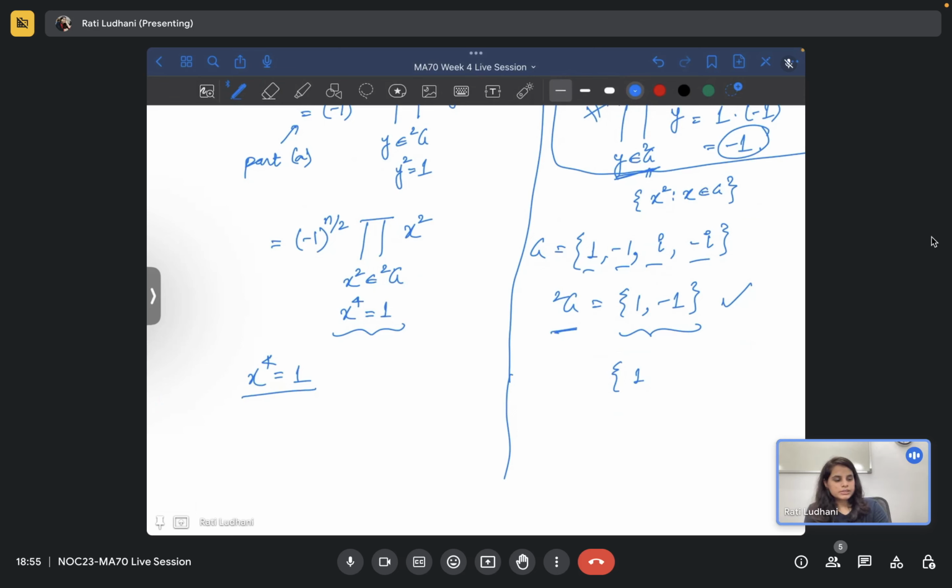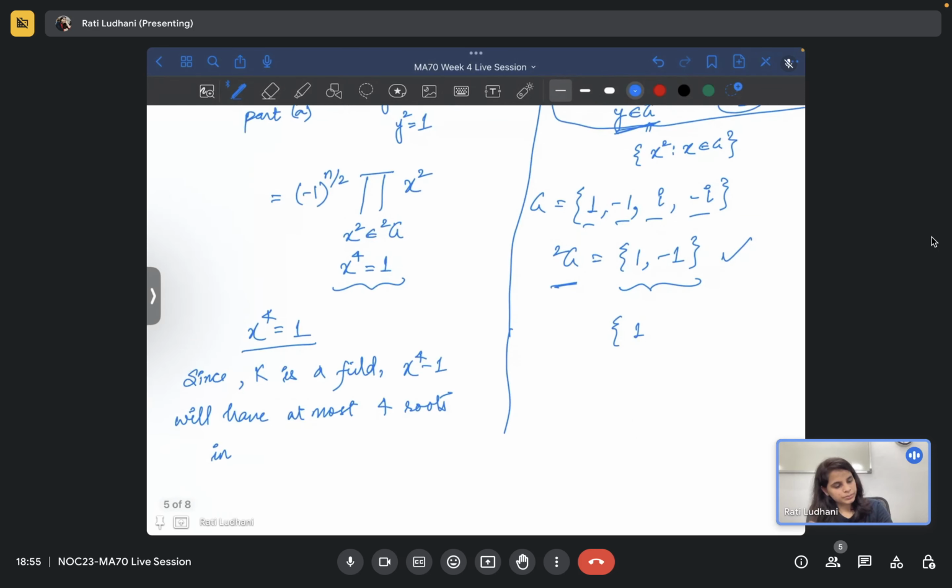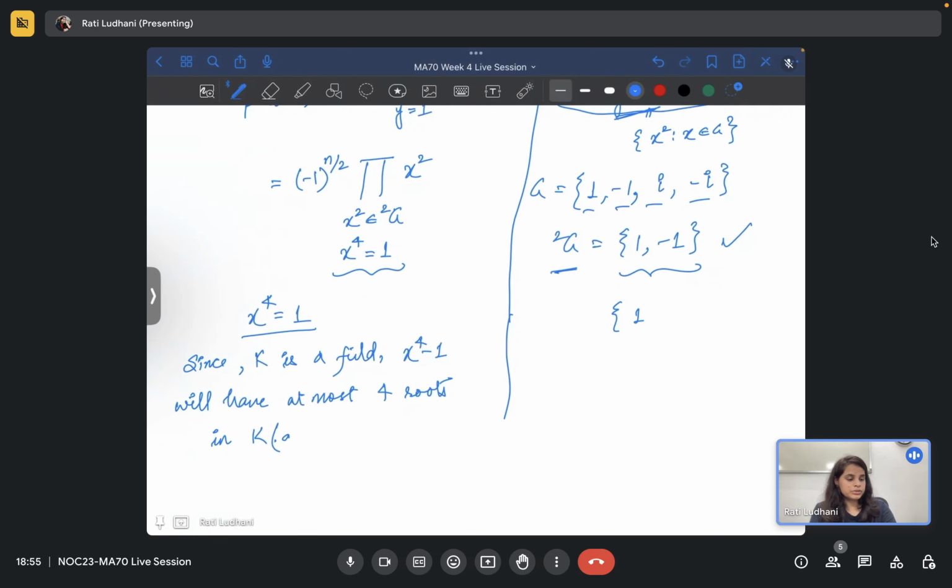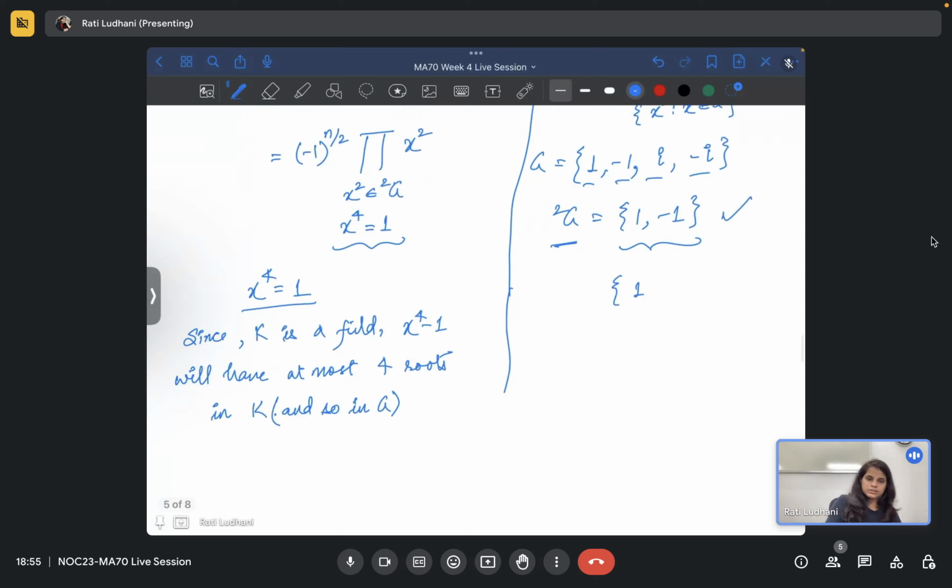So again, just consider this, since K is a field, x raised to power 4 minus 1 will have at most 4 roots in K. Okay, in K, and so in G. K cross is always there.